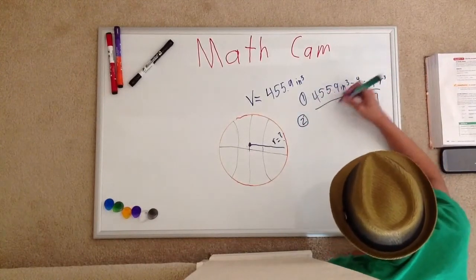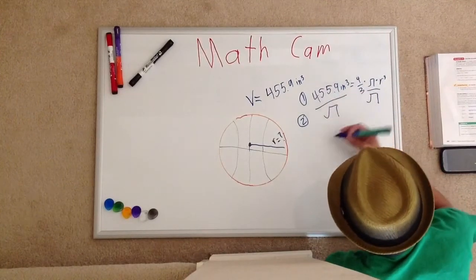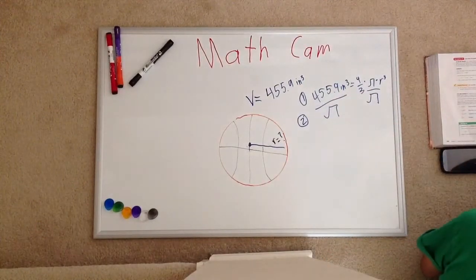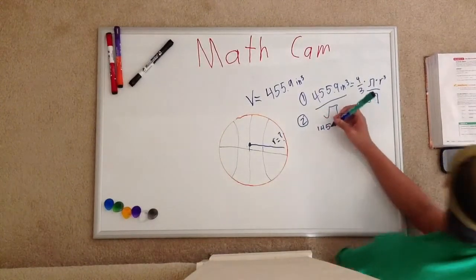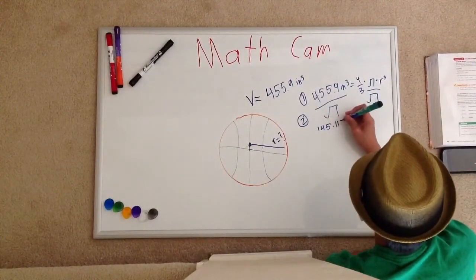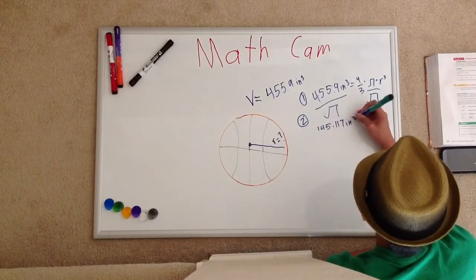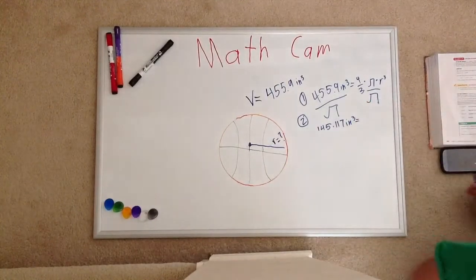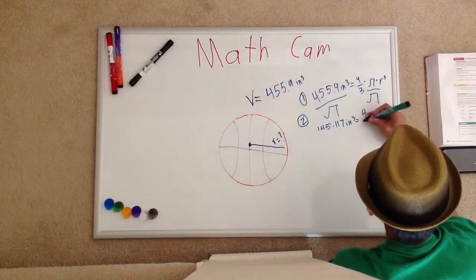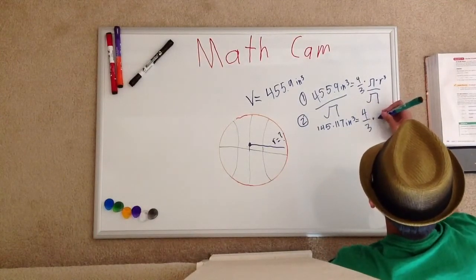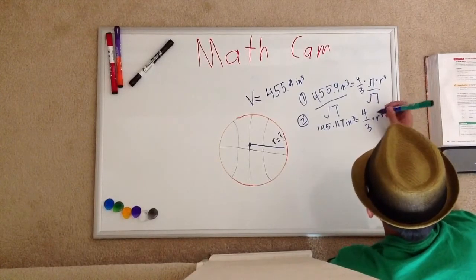Here we go. And we would get 145.117 inches cubed is equal to 4/3 times r cubed.